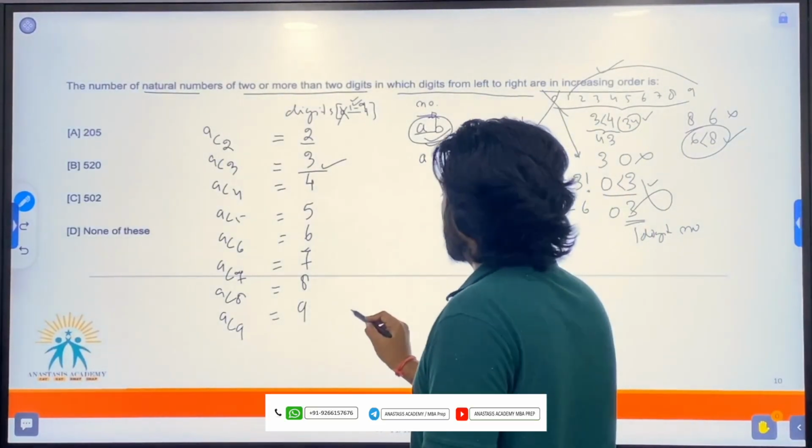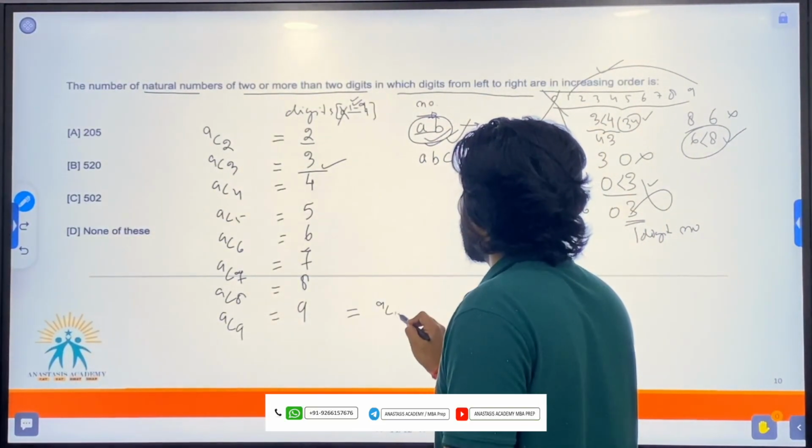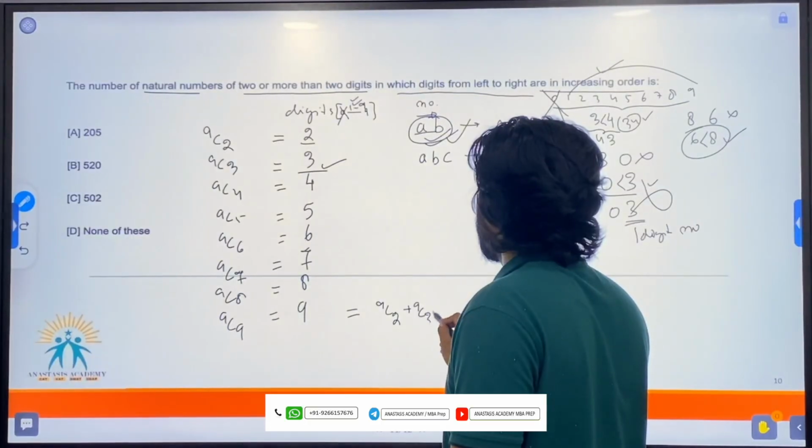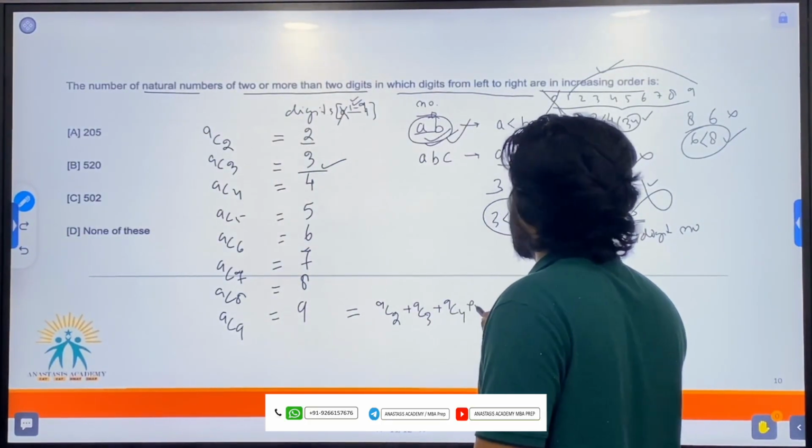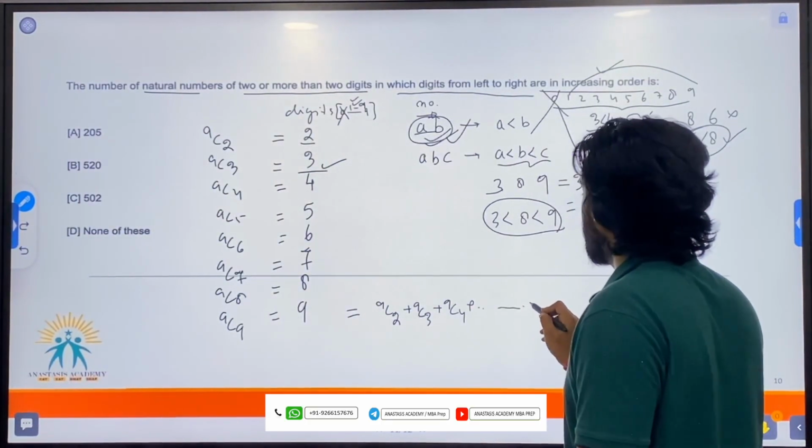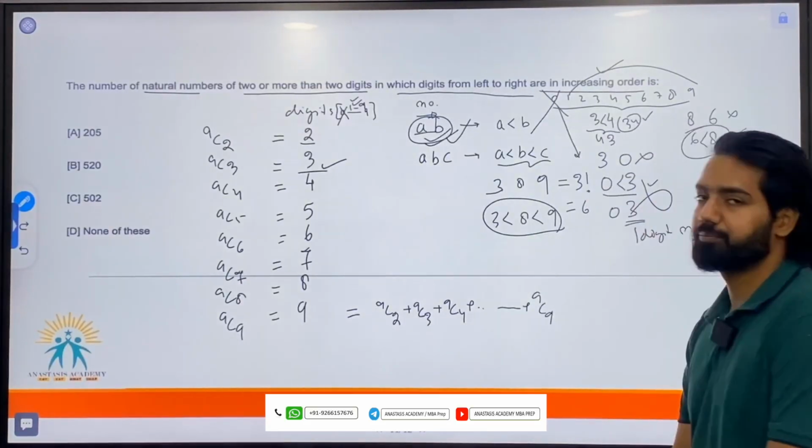So the total number of ways would be 9C2 plus 9C3 plus 9C4, and so on up till 9C9.